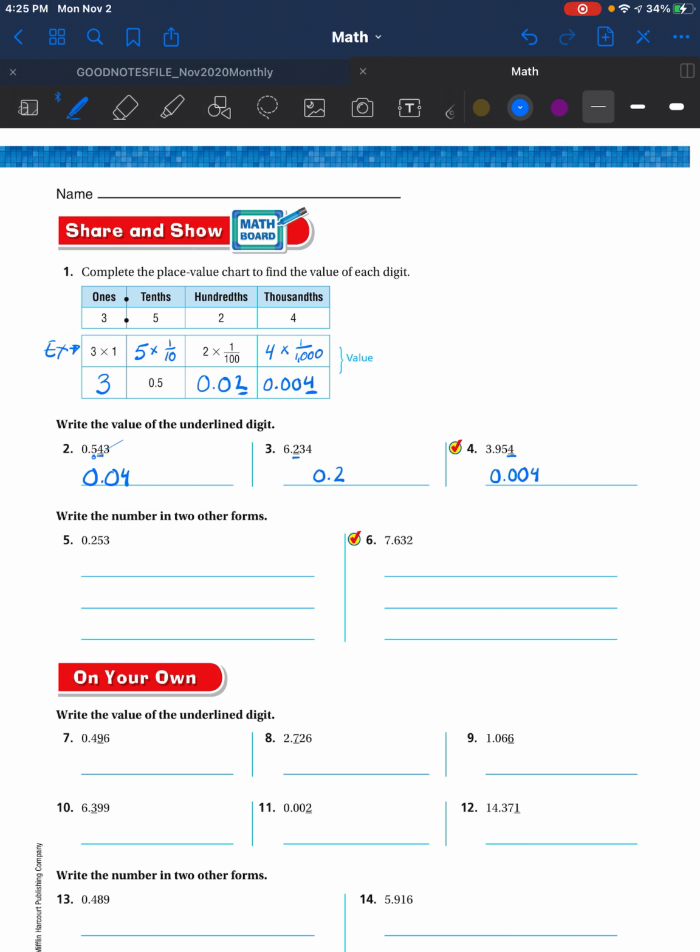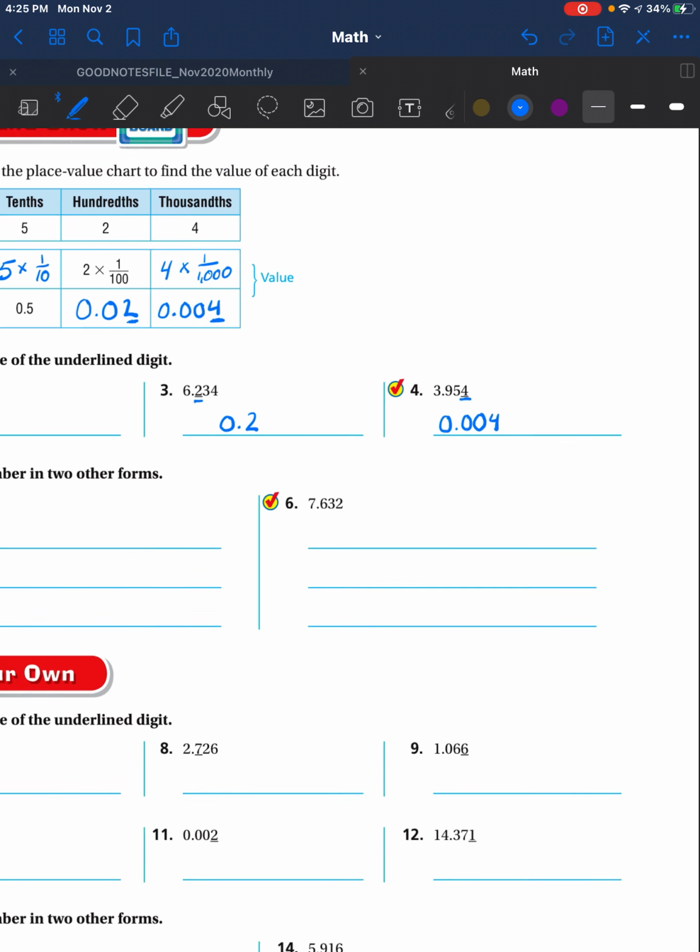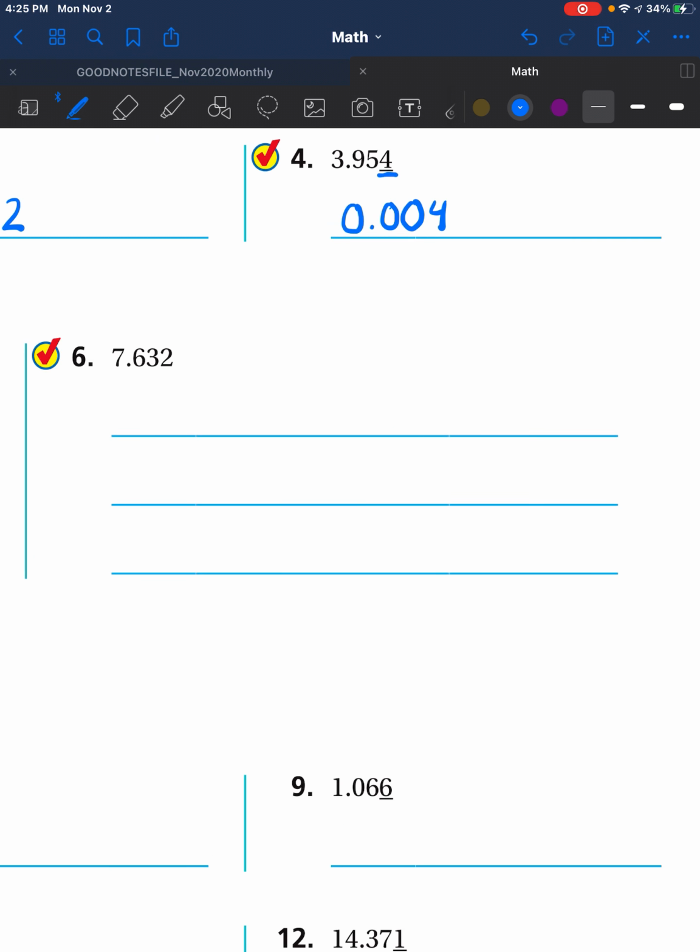The next ones, you have to write the number in 2 other forms. They're both written in standard form, so you're looking at writing it into word form and expanded form. For this one, we can go ahead and start with word form first.